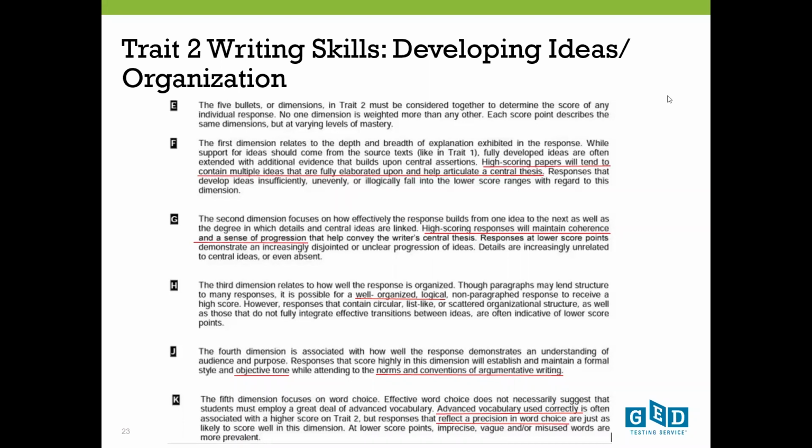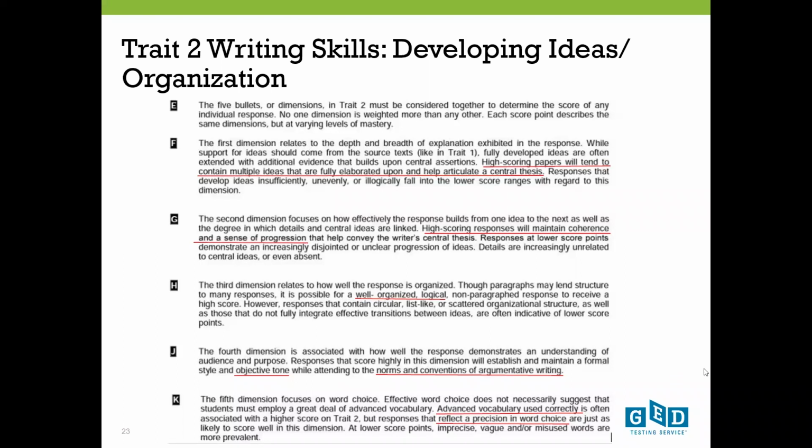That progression will be well organized and logical. It uses good transitions, instead of just throwing separate ideas onto the page. Their tone is objective and appropriate for the audience, and they're using norms and conventions of argumentative writing.